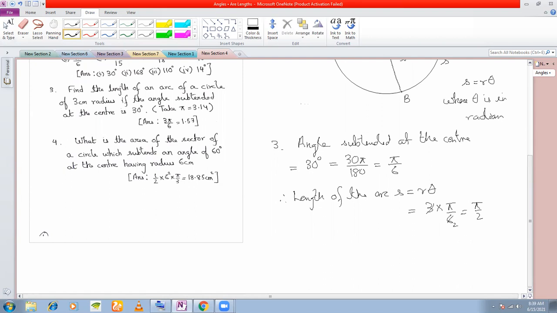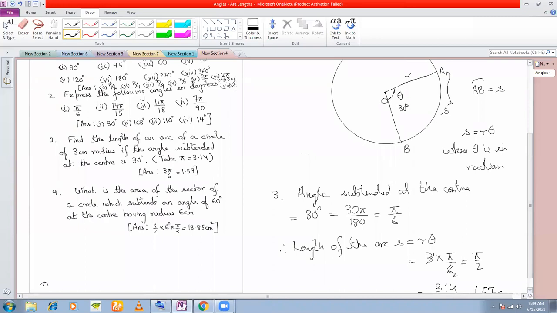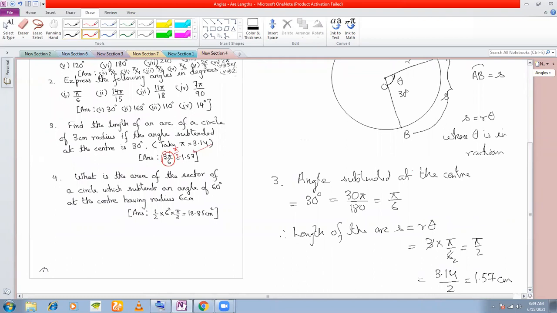So this is 3.14 divided by 2, which is 1.57 centimeters. So the length of this arc here is 1.57 centimeters. That is all you need to do. The answer here should be pi by 2, which is correct, 1.57. Fine.